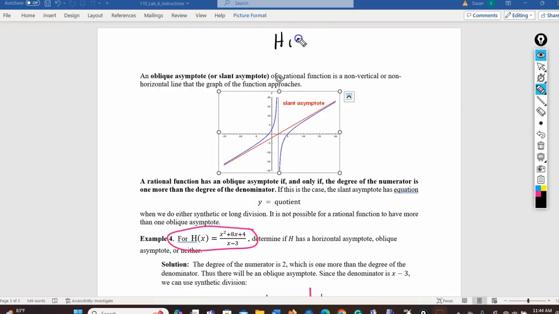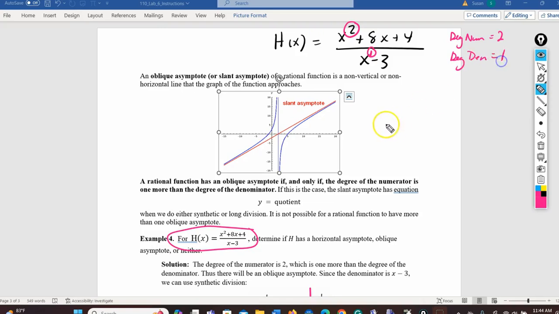Now we see that the degree of the numerator is 2, and we see that the degree of the denominator is 1. And so the degree of the numerator is 1 more than the degree of the denominator.